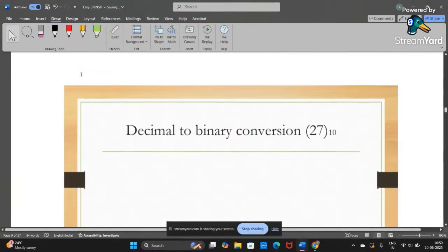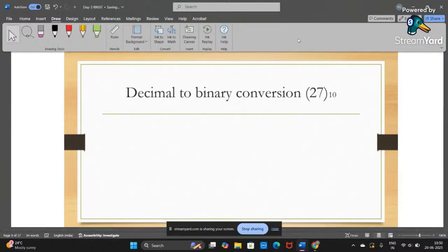Again, we'll try this. We're converting this decimal number 27 to binary.